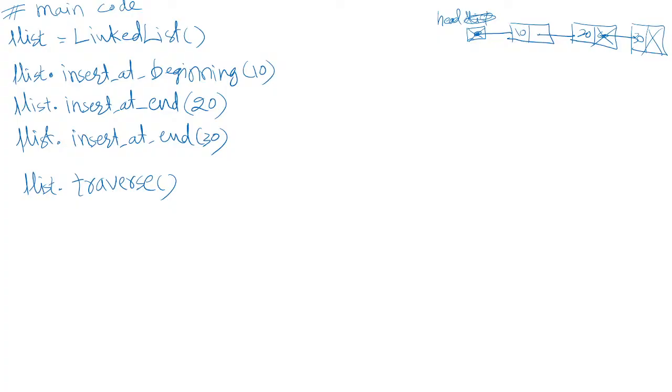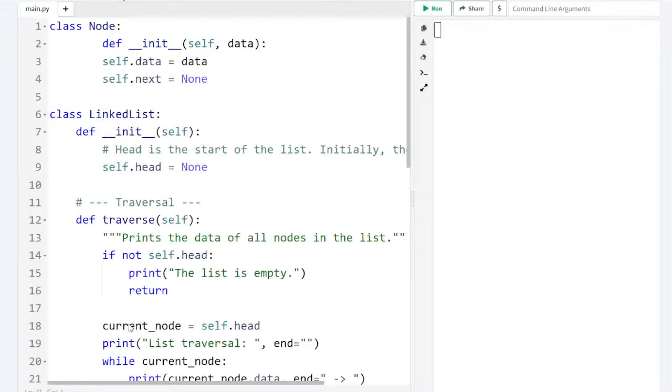Let me open the online compiler. Now you can observe here, I have created a class called node.